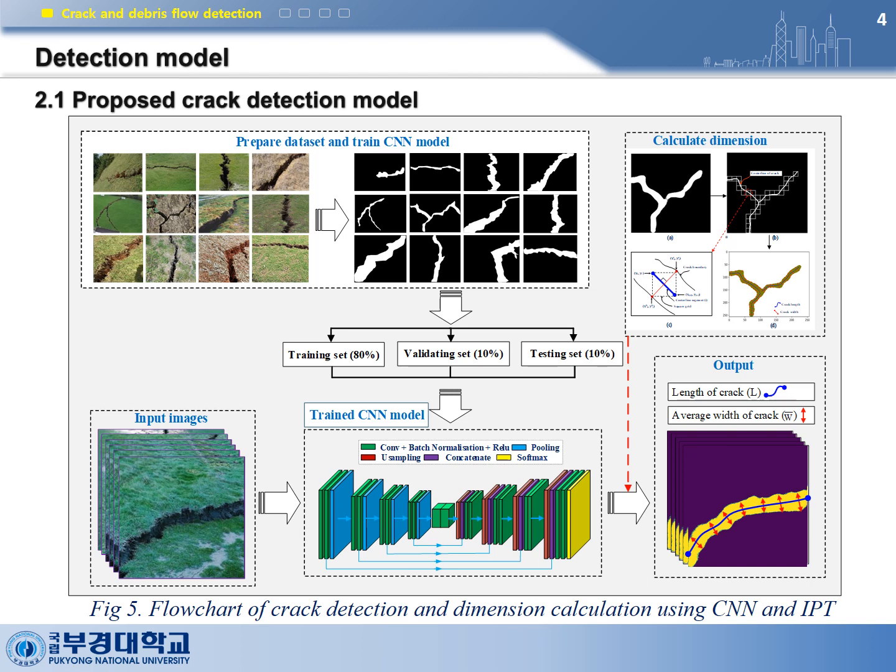First, we need to prepare images and label the crack images for training the model. After that, the image projection technique is combined with the CNN model to calculate the length and the width of the crack.